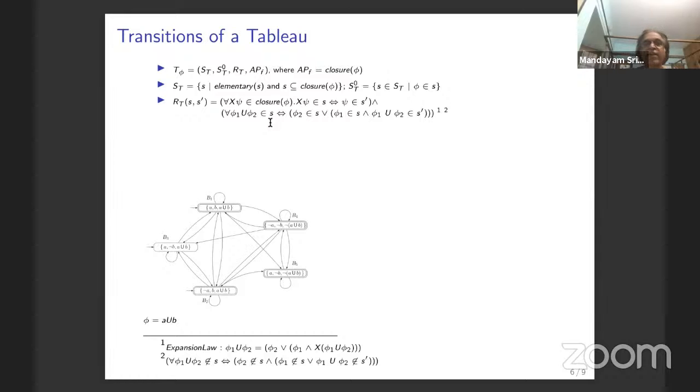If phi1 and phi2 happen to be some X or until formulas and so on, you carry this out recursively, and then you complete it. Does any of you see a problem with this?